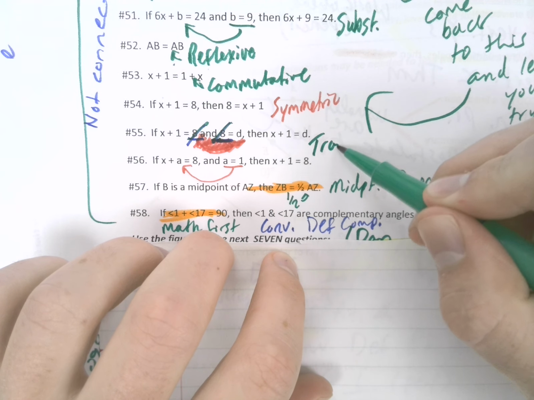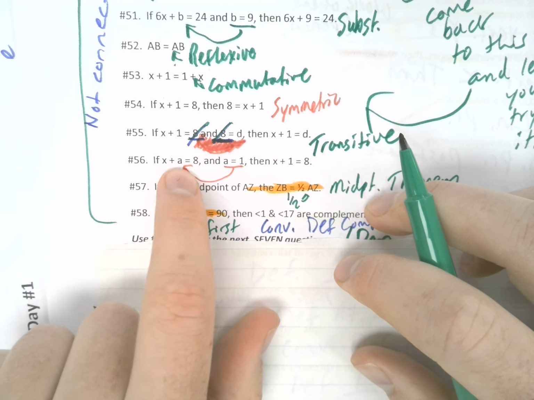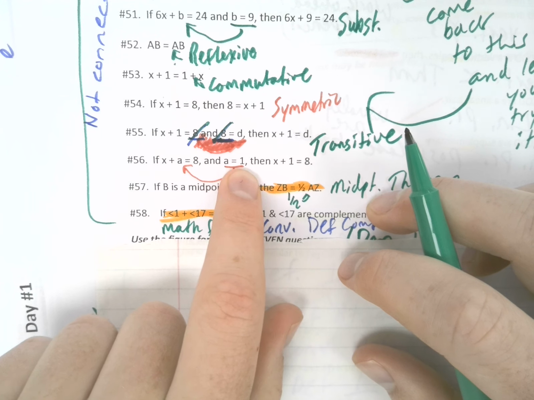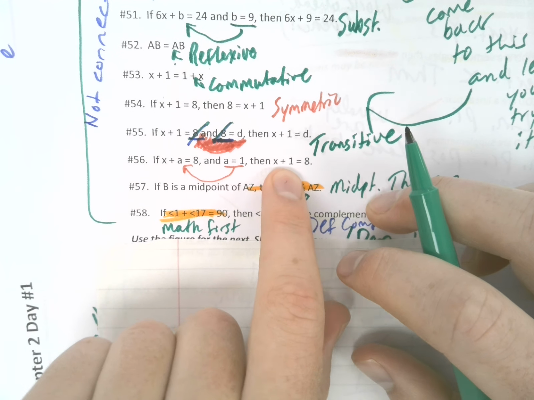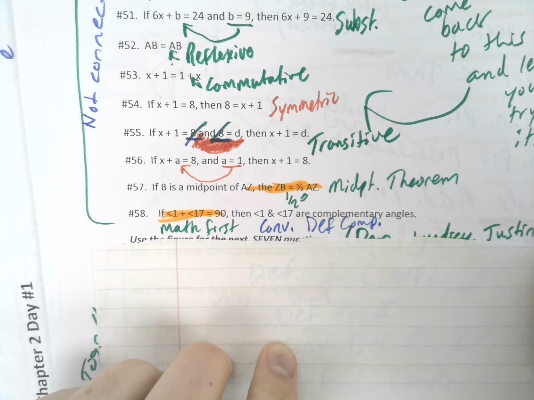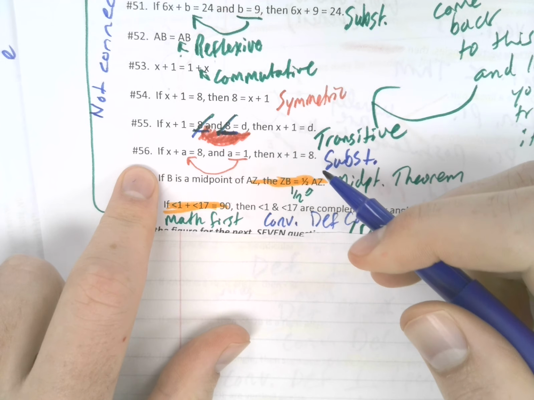That would be transitive. How about this one, though? If a piece, x plus a, is equal to 8, and we know a is really 1, then we can plug 1 in for a and say, well, then x plus 1 is going to equal 8. That would be substitution. So be very careful on that one, guys.